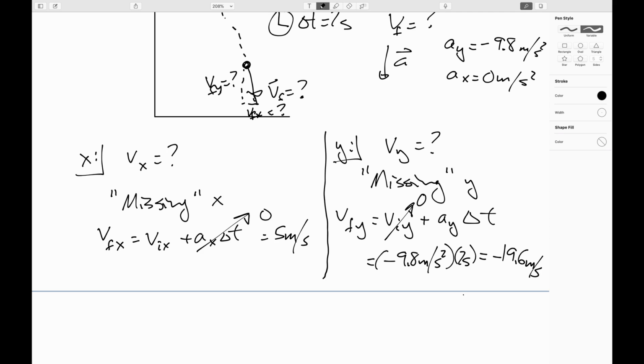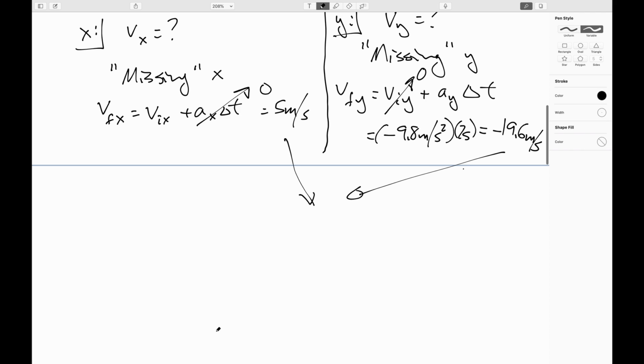Now what we wanted was the final speed, so we can go ahead and put those together. We can do that by recognizing that our components are going to form the legs of a right triangle, not necessarily a 3, 4, 5.